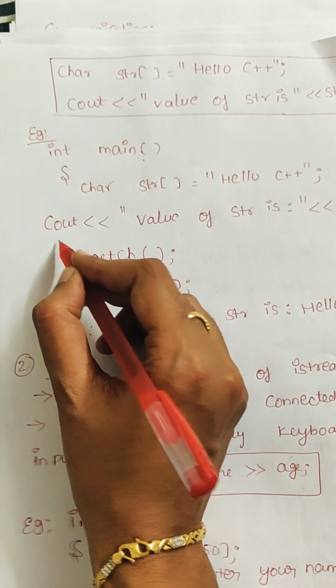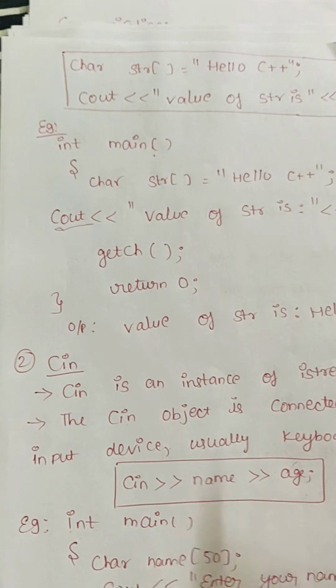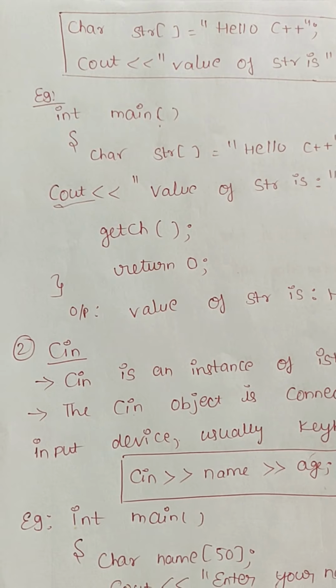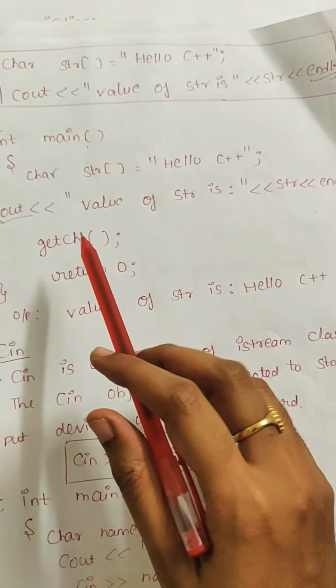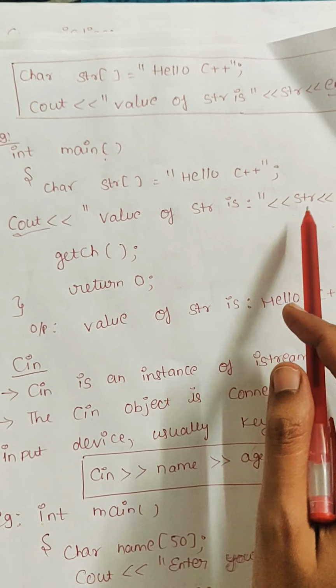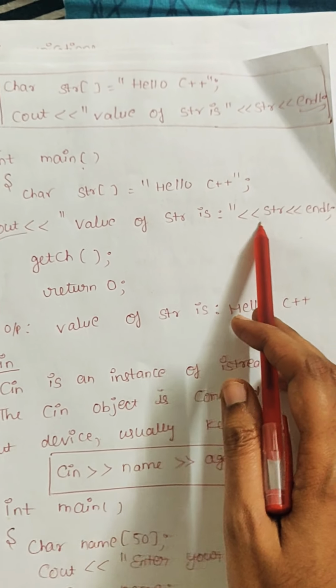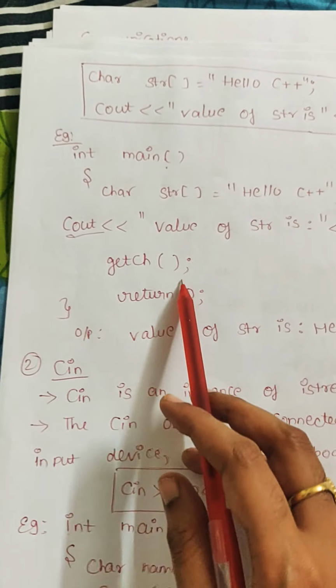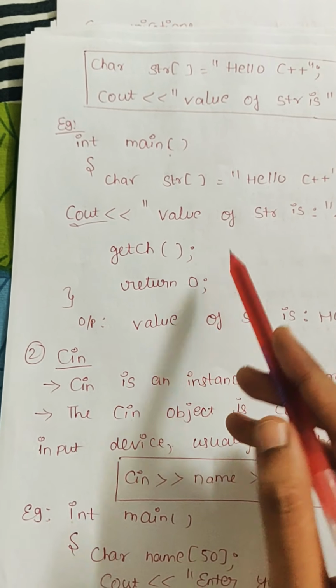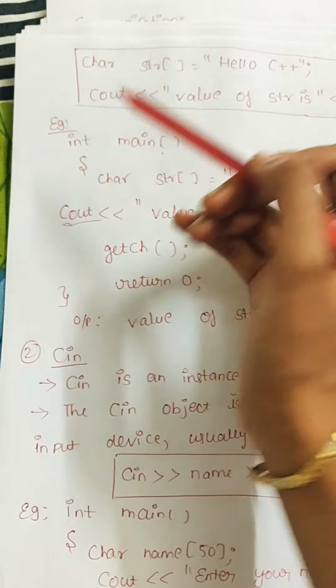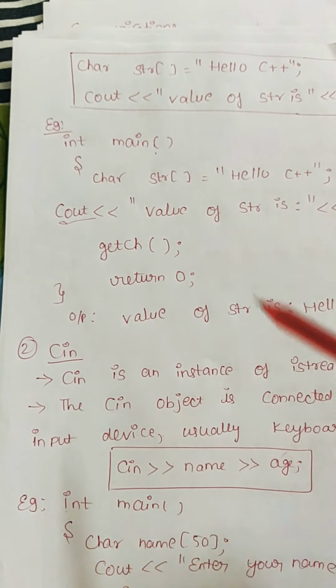Nothing special here, I am simply using the object cout. We have already done this in each and every program in C++. cout, "value of the string is", printing str, endl. getch I am giving for getting the output quickly, and return 0, since I am using int here.